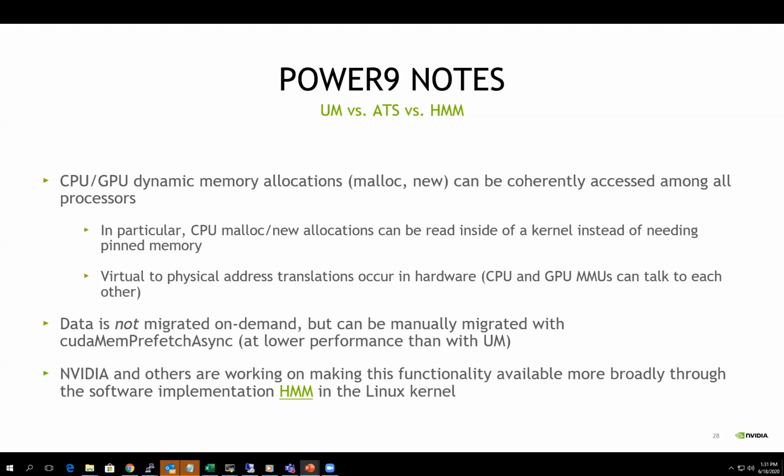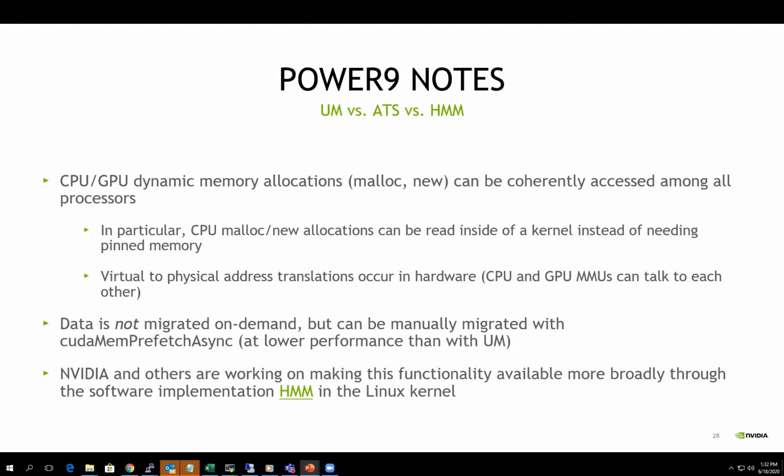So ATS is Address Translation Services, and it's today anyway, I would describe it as a unique characteristic of the marriage between CUDA GPUs and IBM Power 9 processors. And in a nutshell, what it does is allow CPU dynamic memory allocations like malloc to be accessed in GPU code, any GPU. This is kind of a shocking and striking statement to make, because it totally throws out the window some of the things that we've learned from day one in CUDA.